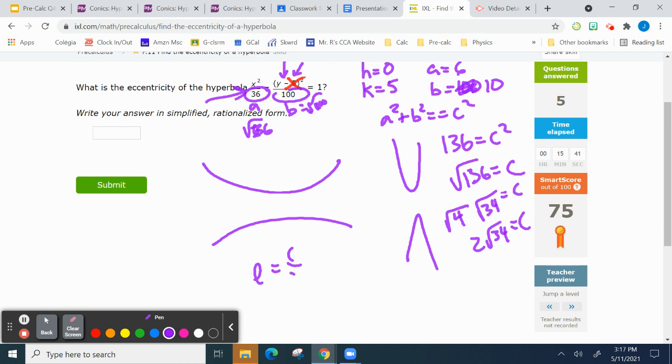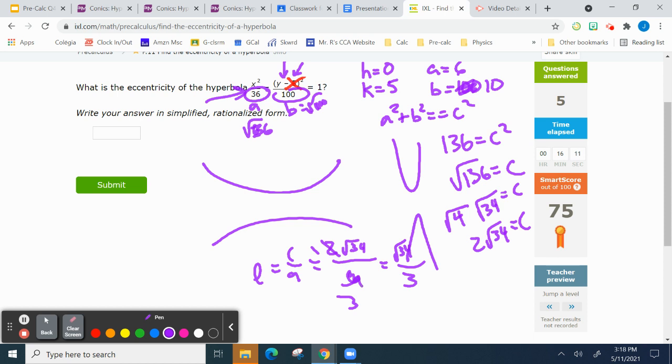Eccentricity equals c over a equals 2 root 34 over 6, right? So that's going to equal root 34 over 3. 2 becomes a 1, 6 becomes a 3. Right? Root 34 over 3.